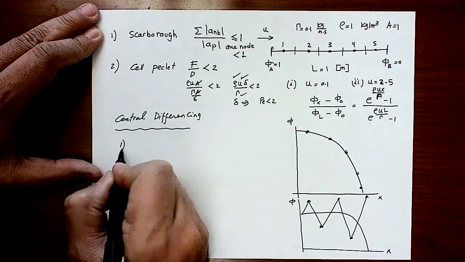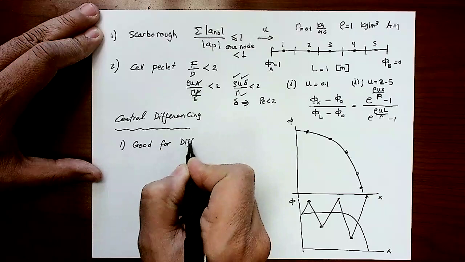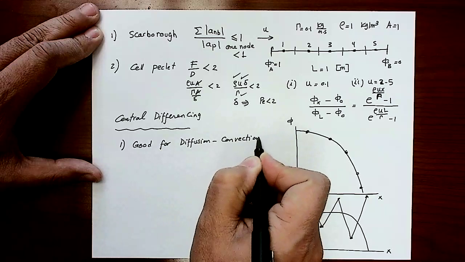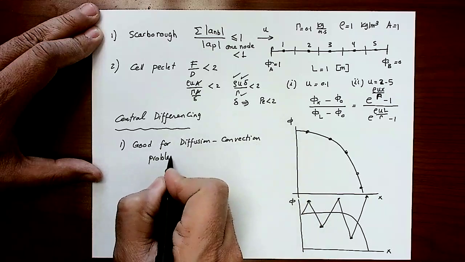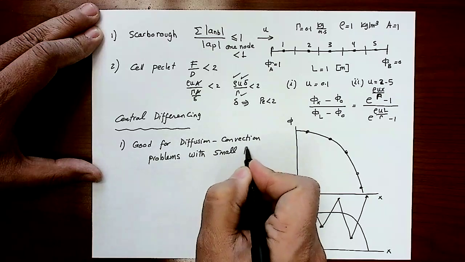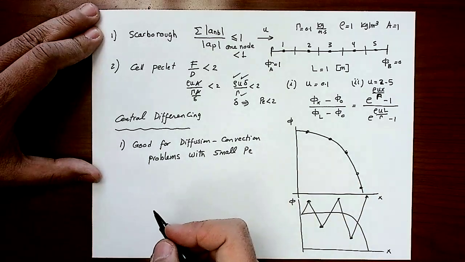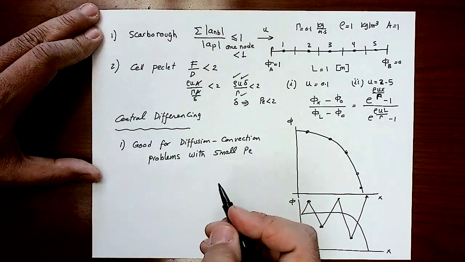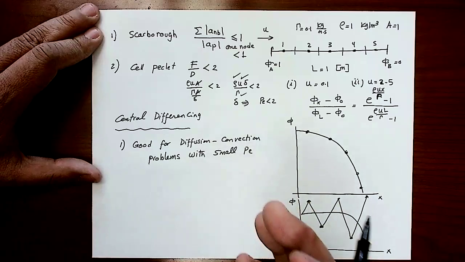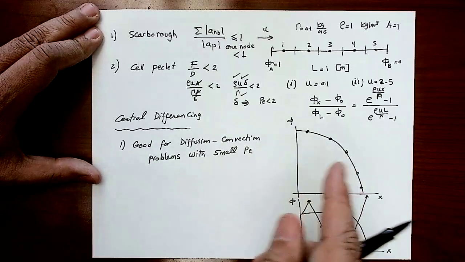Number one, it's good for diffusion-convection problems with a small Peclet number, which is a very small value. That's the advantage of it. In the central differencing scheme, as we mentioned, it assumes a linear variation of the value of phi within the cell, but this holds when the Peclet number is very small.